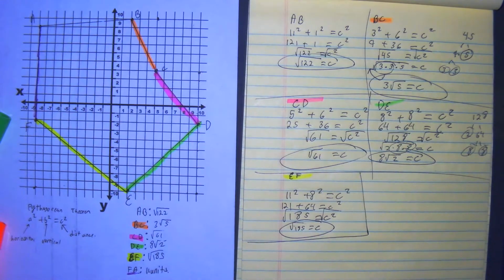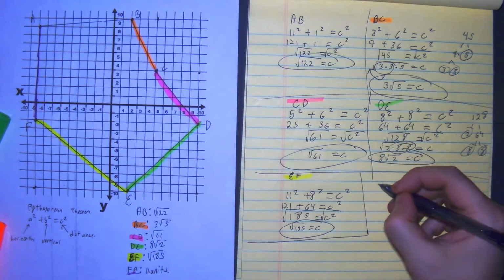And let's find the perimeter, the distance around this hexagon. So what we have here is all the distances. I'm going to add all these up, and that will be our actual answer.